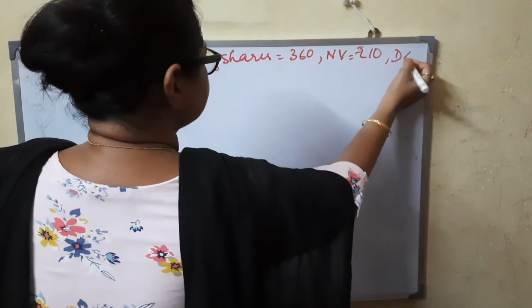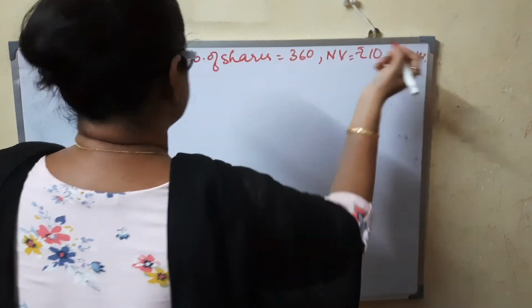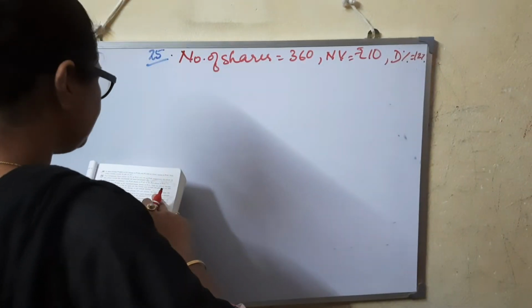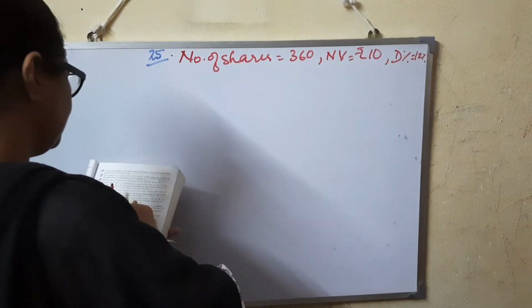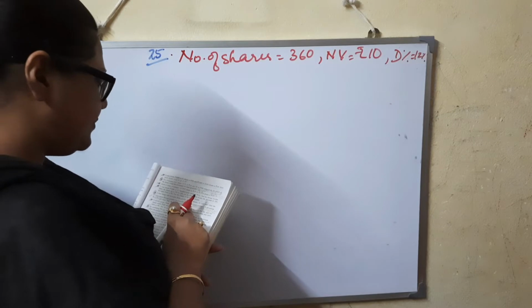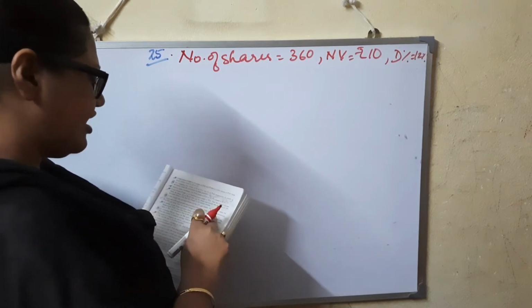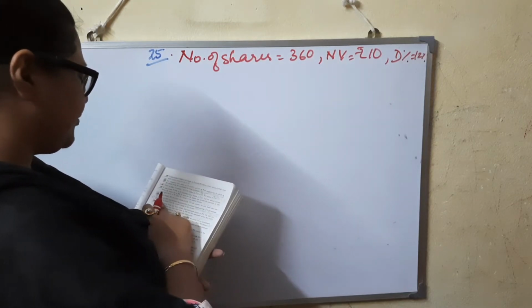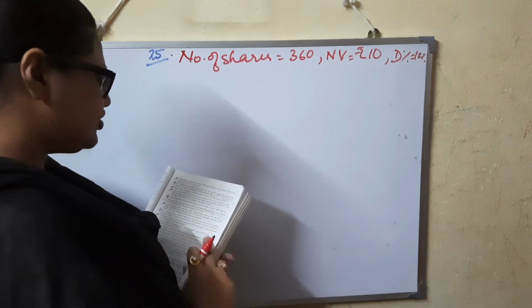So dividend is 12%. He sold them when the price rose to rupees 21 and invested the proceeds in 5 rupee shares paying 4.5% per annum at rupees 3.5 per share. Find the annual change in his income.